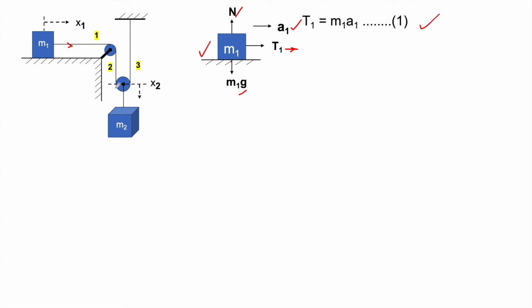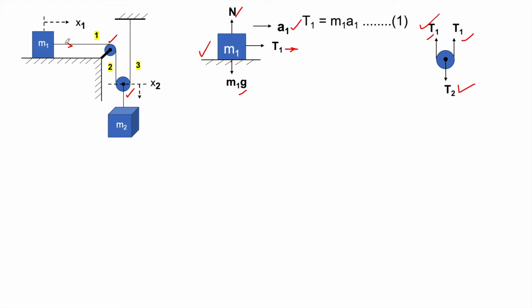Now let us draw the free body diagram of the movable pulley. There are two pulleys, this one and the pulley through which block m2 is connected. Now this pulley is a massless pulley and it is a movable pulley. So drawing the free body diagram of the movable pulley, the forces acting on the movable pulley are tension force T1 and the tension force T2.